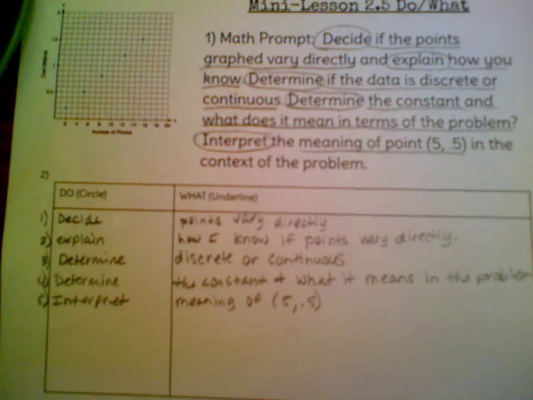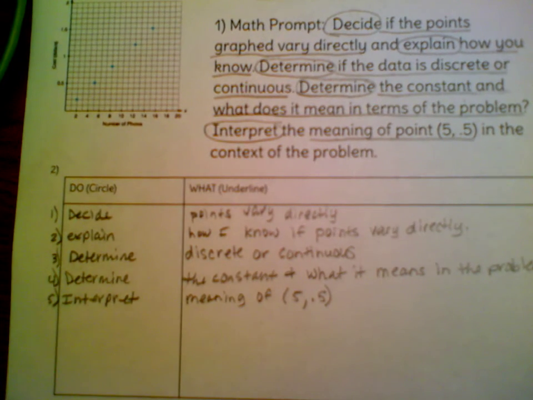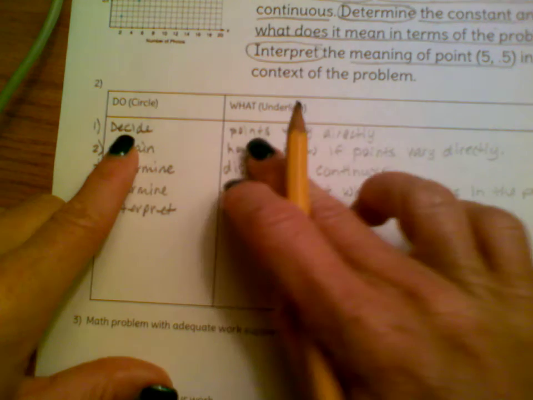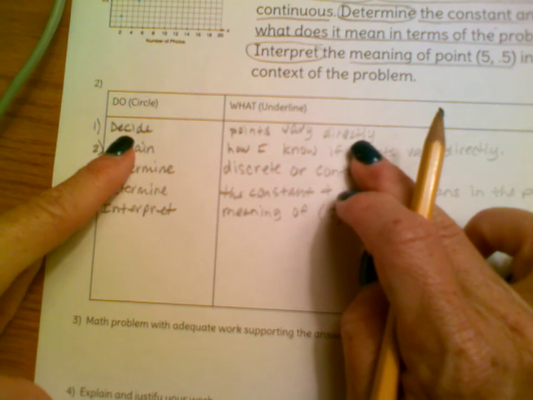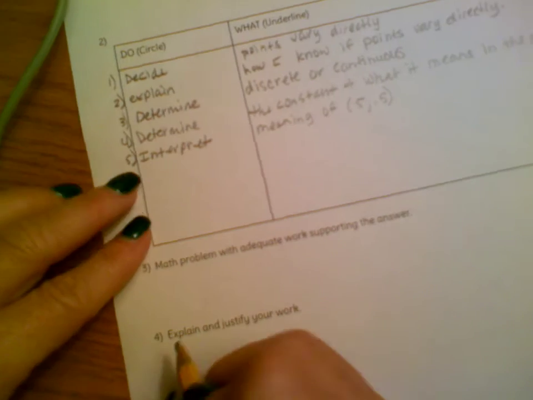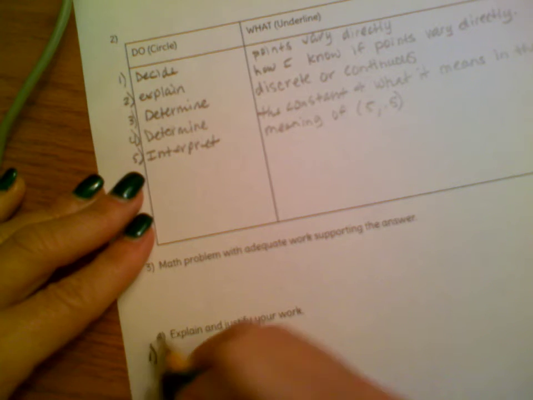So now I'm going to have to take a look at all of this. I am going to, under point 3, do anything I need with some math work, and under point 4, I'm going to do any of my words that I need to write out. So first of all, it says decide if the points vary directly. Okay, so I'm going to answer that one down here. So I'm just going to put a number 1.